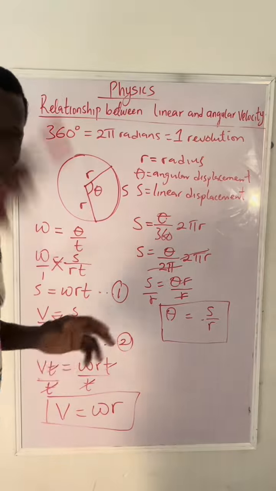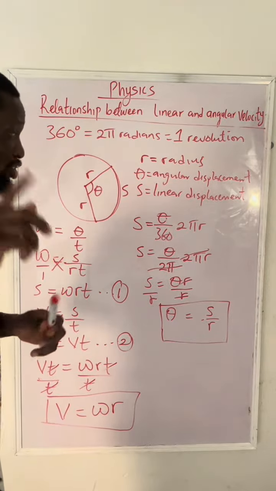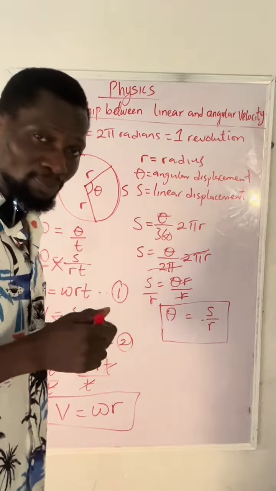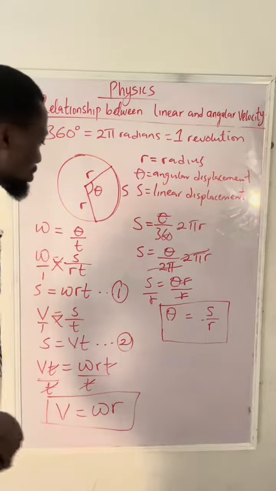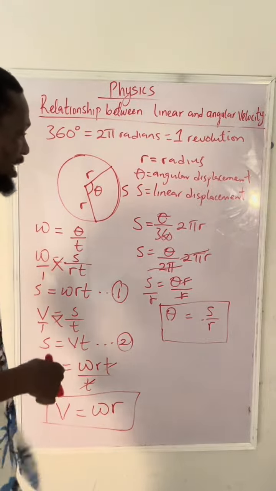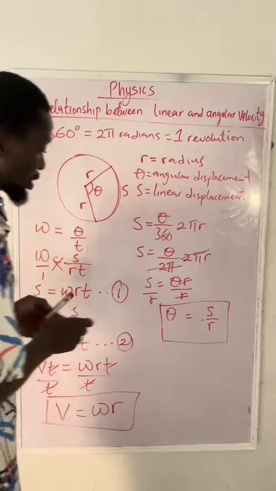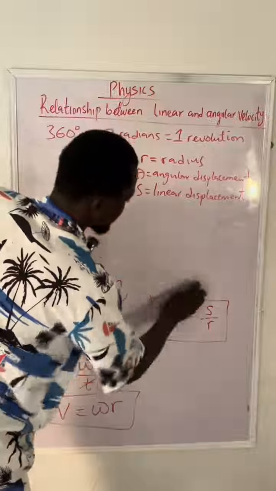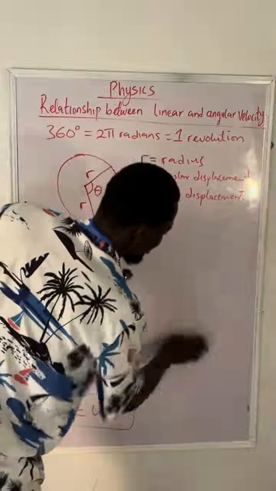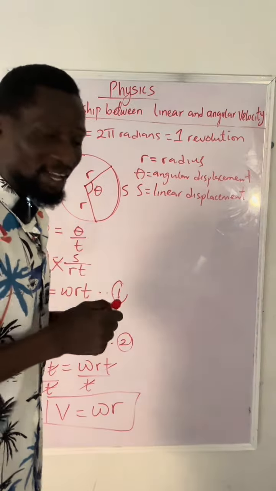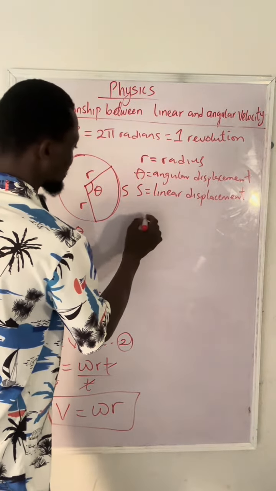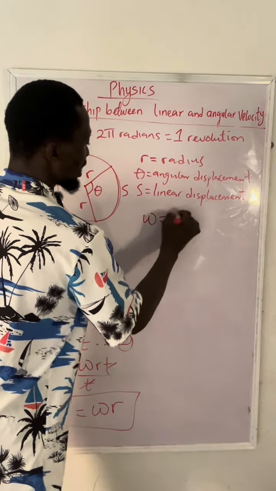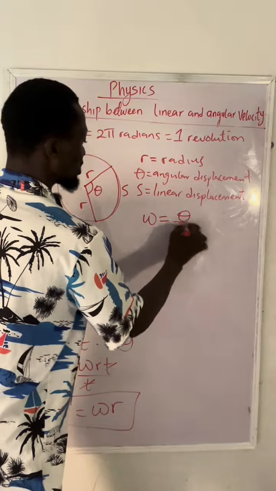Now, in addition to what I've said, let me quickly show you something. Remember that I told you that angular velocity is equal to theta over t, right?